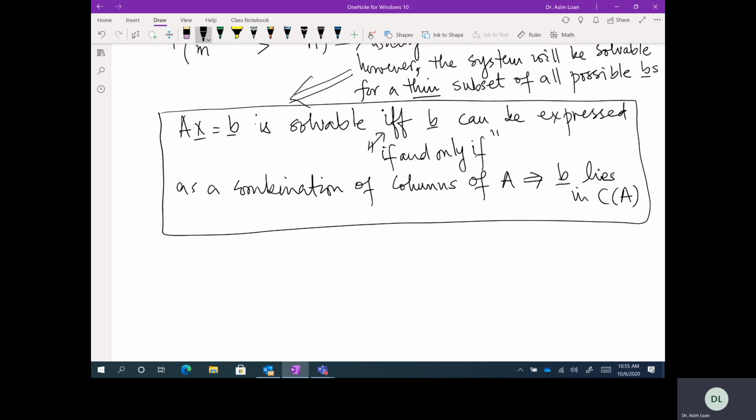So whenever somebody asks you, when will AX equal to B have a solution, the answer is this one: whenever B lies in the column space of A.